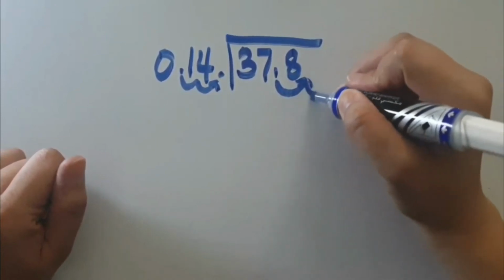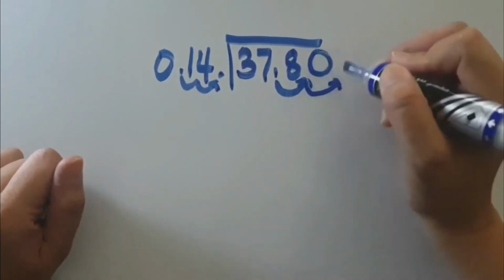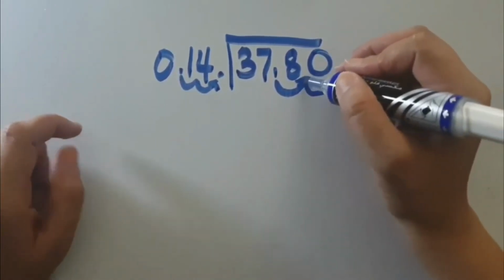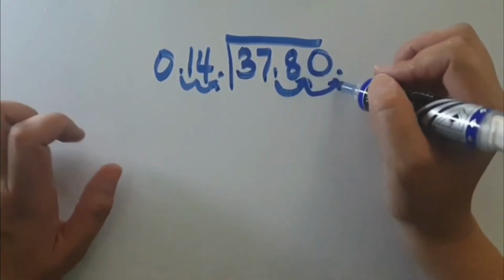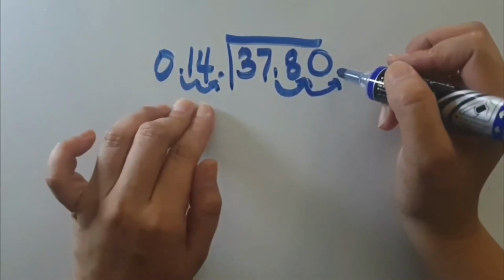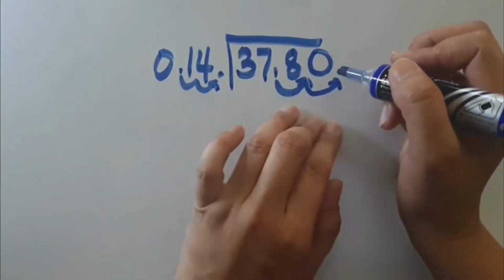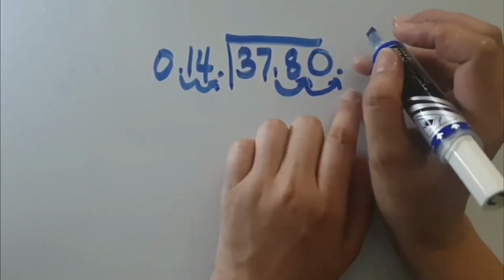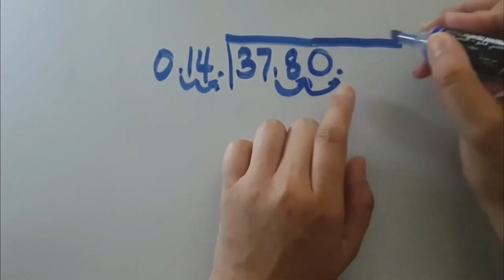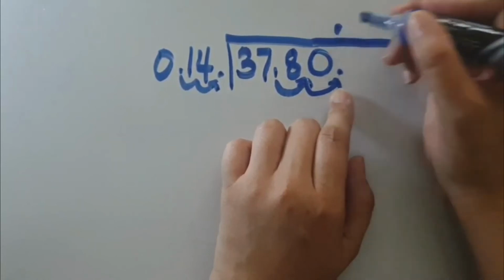That's good. We need to add 0. We should not stop there because remember, whatever you do with the divisor, do it with your dividend. We moved here 2 places to the right. We need to move here 2 places to the right. So if it happens, you just add 0. So our decimal point is there now.